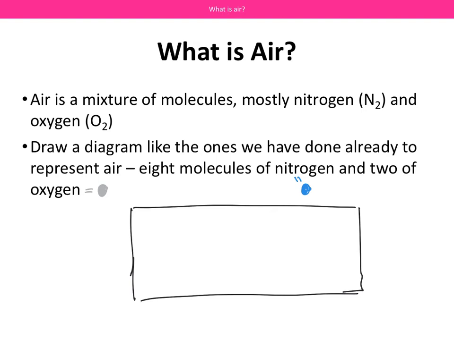But pause the video and then have a look at the answer. So there we go. We've got 1, 2, 3, 4, 5, 6, 7, 8 molecules of nitrogen, because nitrogen is N2, and then 1, 2 molecules of oxygen.